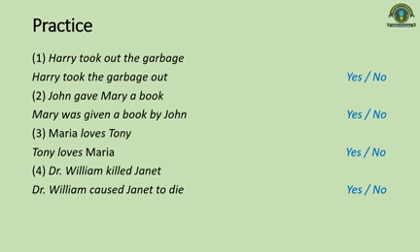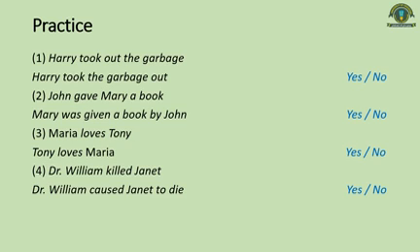The sentence number 2, John gave Mary a book and Mary was given a book by John: no. Number 3, Maria loves Tony and Tony loves Maria: yes, one could be true and the other false.